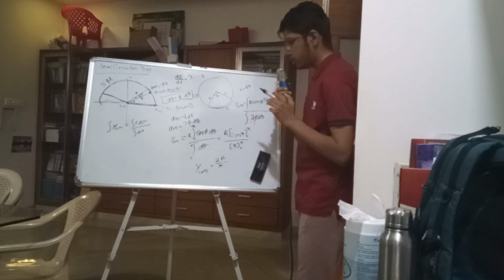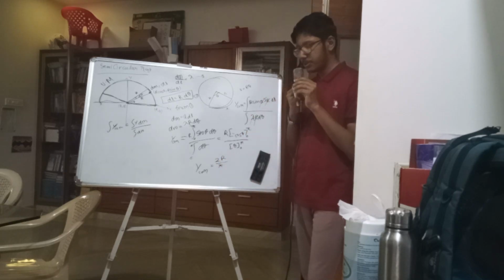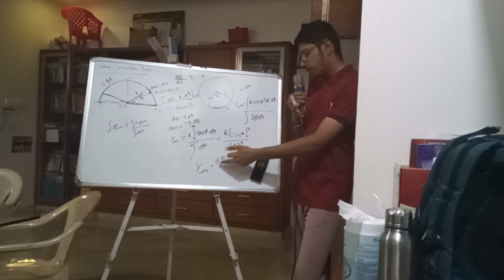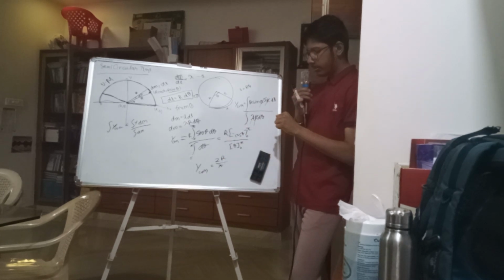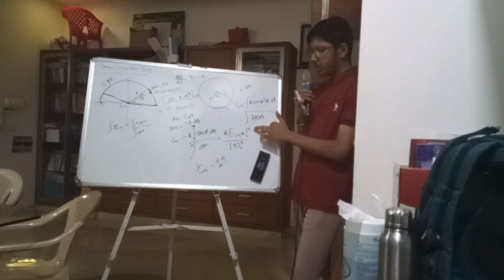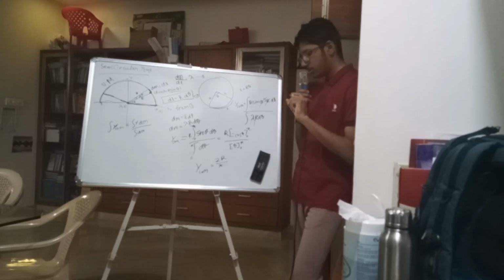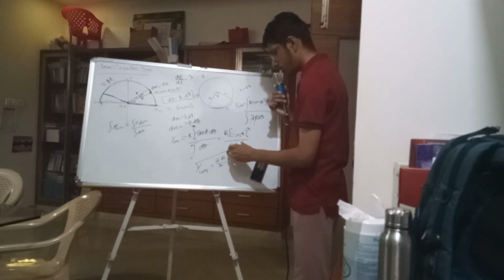You know how to substitute limits, no need to teach again. I am substituting the upper limit and taking the difference with the lower limit, which everyone knows. This is the center of mass of the semicircular ring.